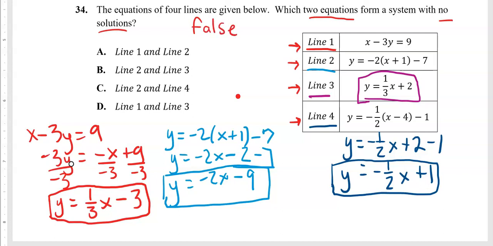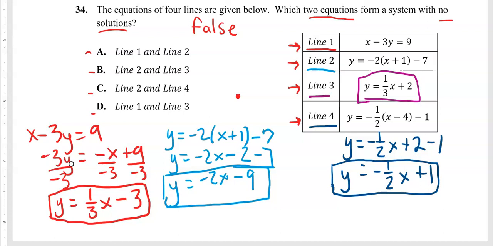We're looking for something that is not the same as our other line. They're not going to give an answer, and they're not going to give an infinite number of answers. It's going to be false when I set them equal to each other. So we're pairing up lines here in our answer choices, and we have to figure out which 2 are false.